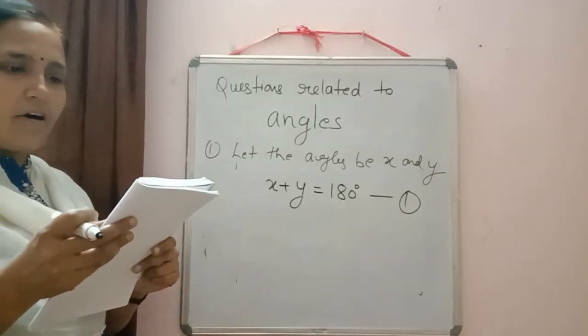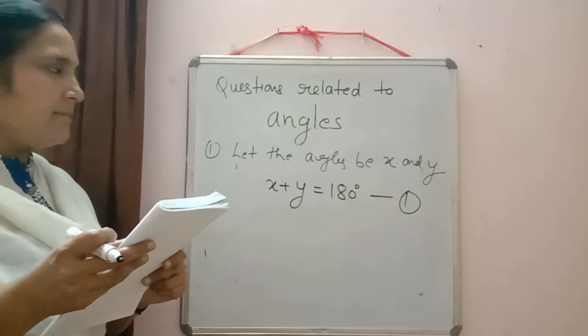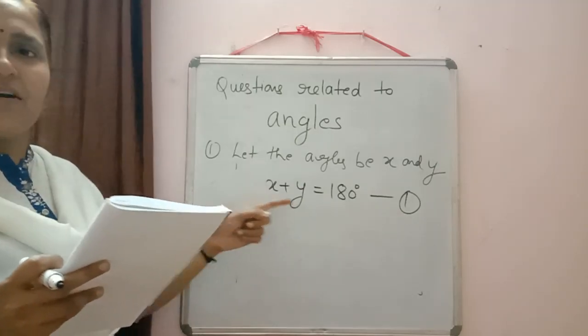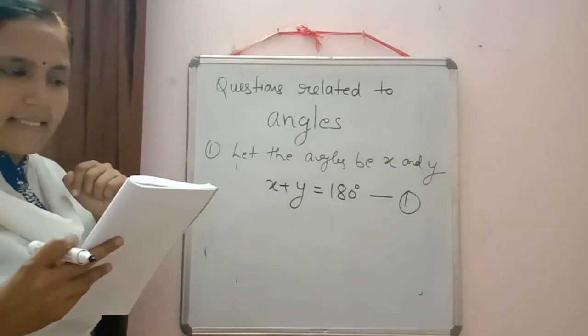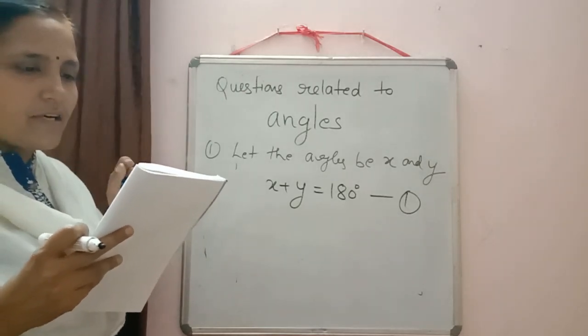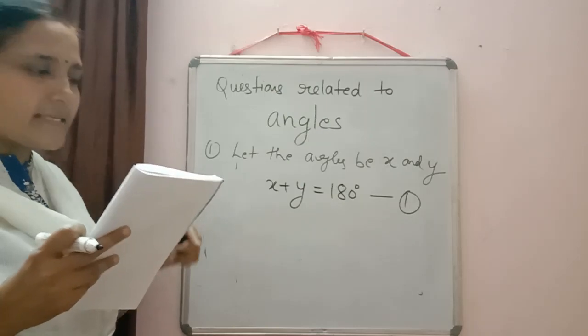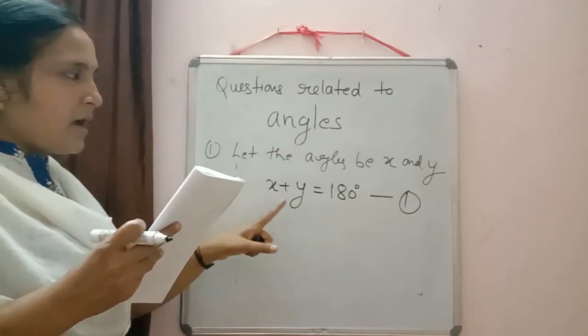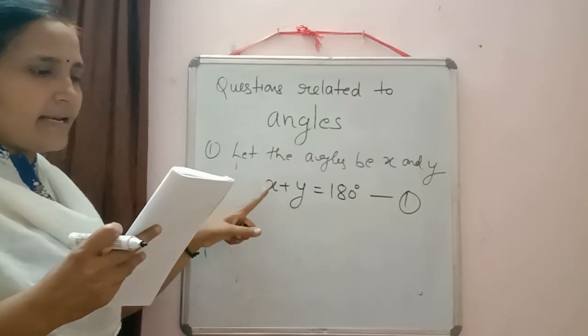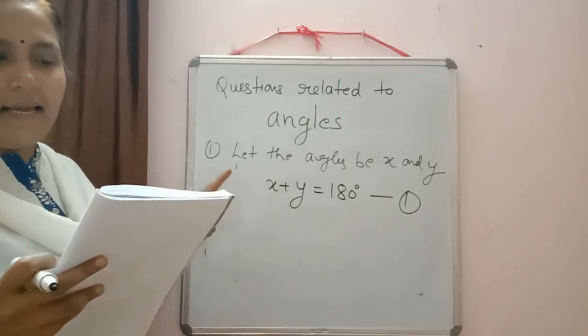Now we can check the second information: the larger of the two supplementary angles. Out of these two, whichever you want, you can take as larger. So suppose I am taking y as larger. The larger of the two supplementary angles exceeds. So y exceeds means y is greater than x by 36 degrees.